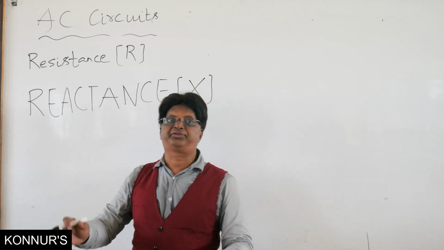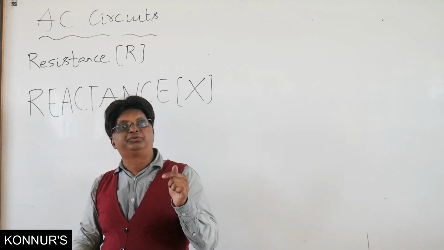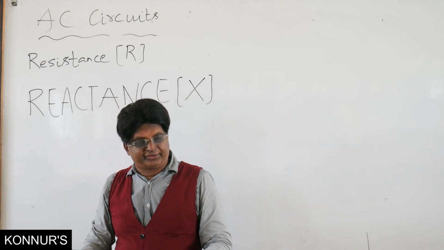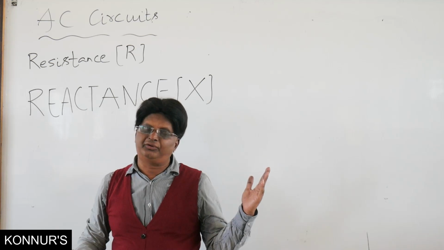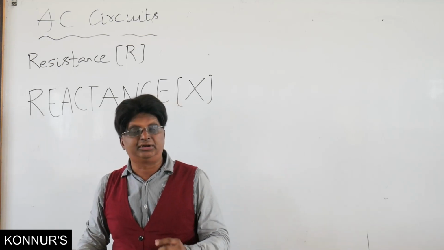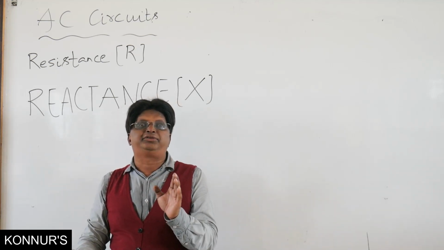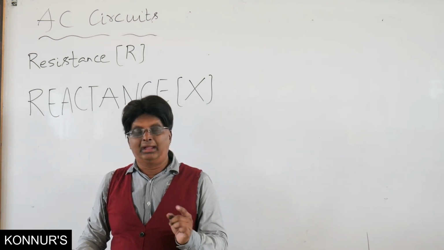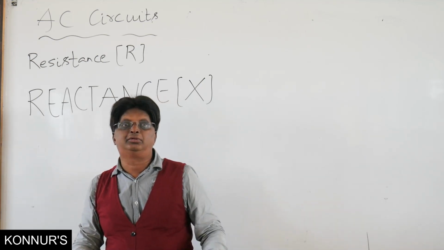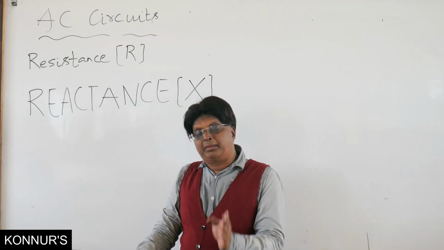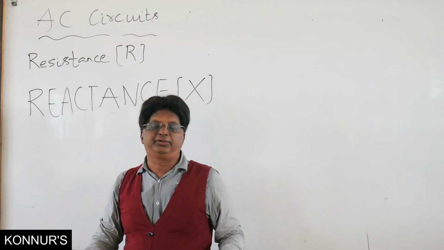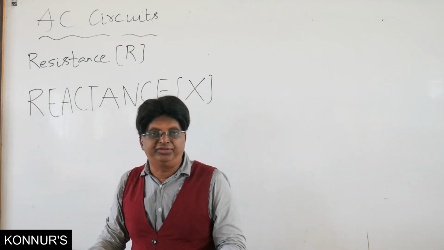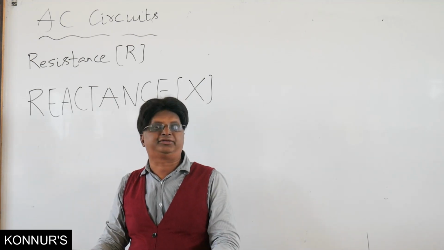Apart from resistance, right? Now when we use inductors in AC circuits, even though we can use them for DC circuits, what happens there will be discussed later. But when an inductor is used in AC circuits, it shows an additional resistance for AC. Similarly, a capacitor has a tendency of opposing changes of potentials, the voltages.